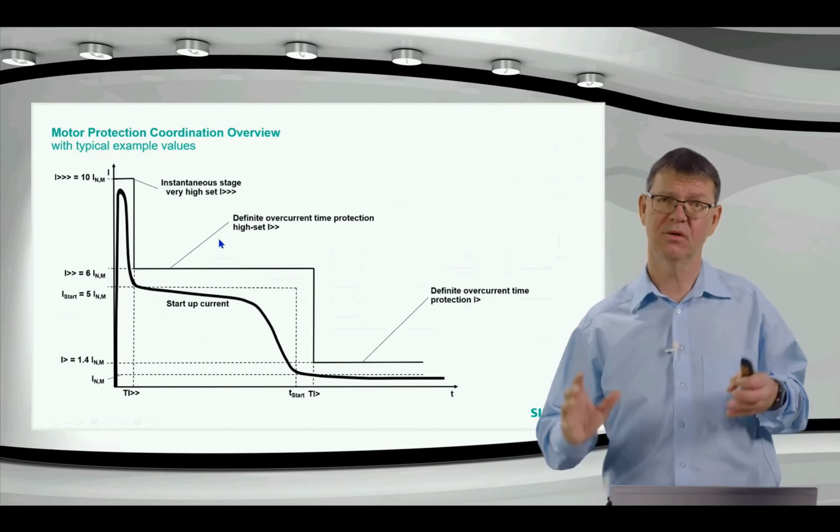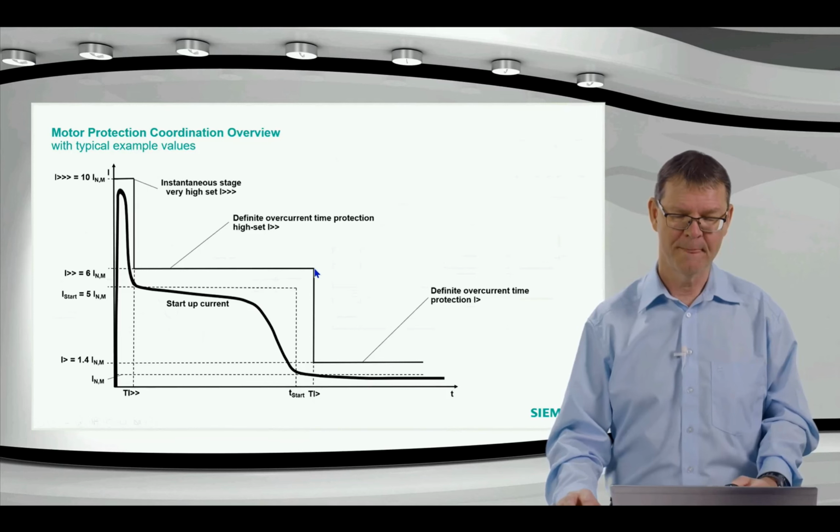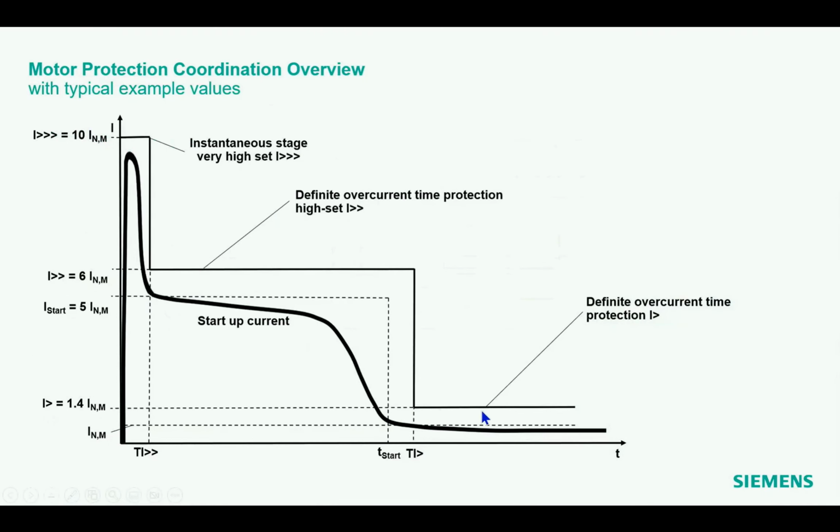And now, depending on how long is the startup, we can add also a third stage as a backup, which we can then bring down to a level which is above the maximum expectable load current here. However, the use or sense of such a stage, if the startup procedure is very long, is rather limited.